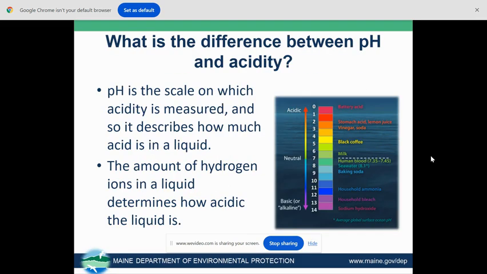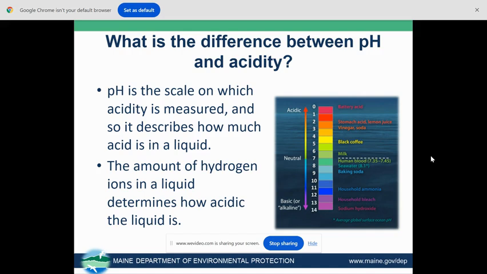All right, and some terminology. What's the difference between pH and acidity? So pH is the scale that we were just talking about that goes from 0 to 14, and it describes how much acid is in a liquid. So it's a logarithmic scale that makes it easier for us to talk about big or small numbers.